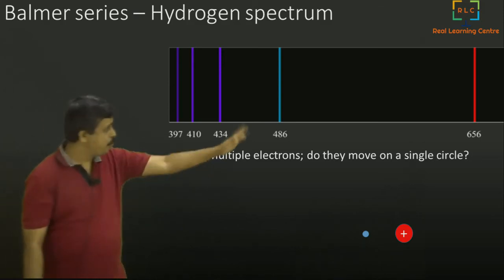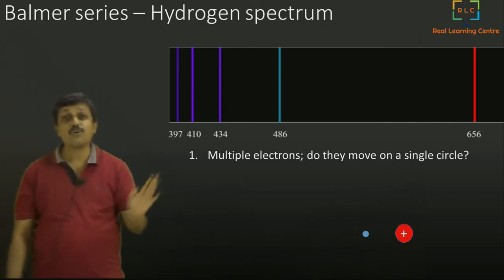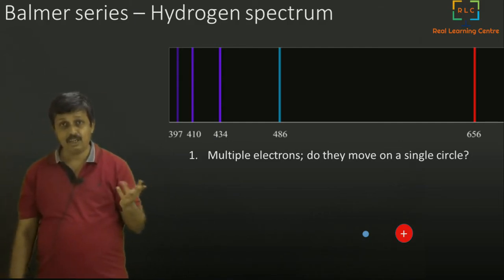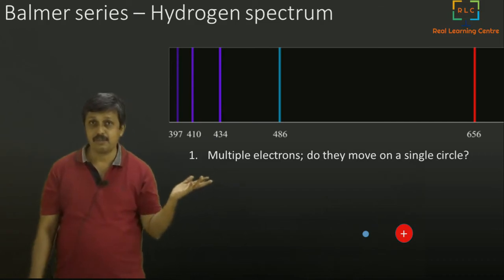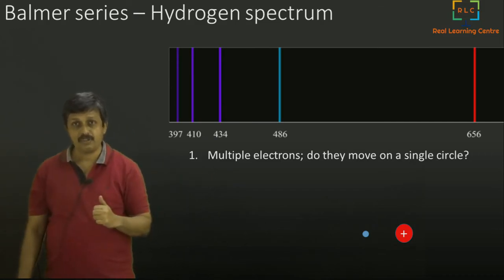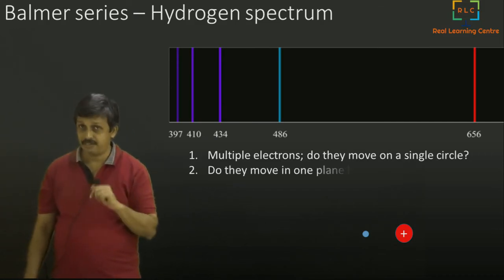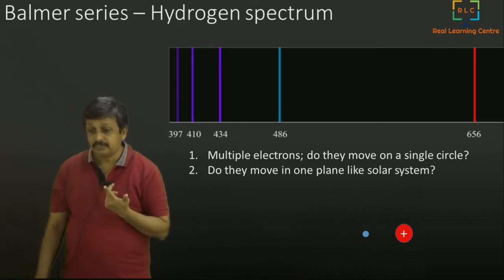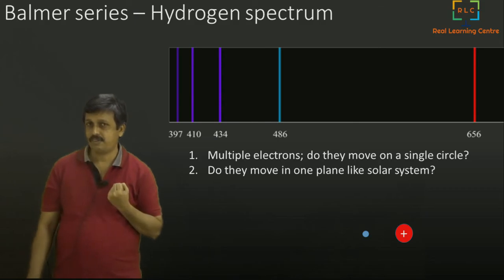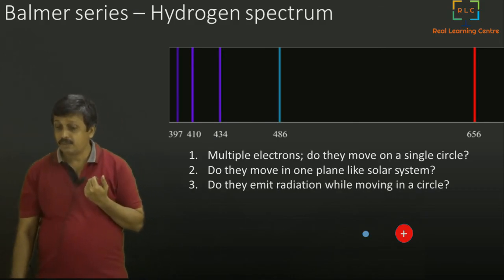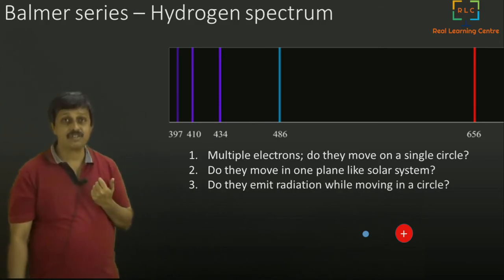Now, if you are seeing so many lights, it means there may be so many circles. That is one way of interpreting. In every circle, it is giving out some kind of electromagnetic wave. Whether it is true, we will have to see. Whether they move in one plane or not, we cannot figure out from this. However, the most important question is, do they emit while moving in a circle?